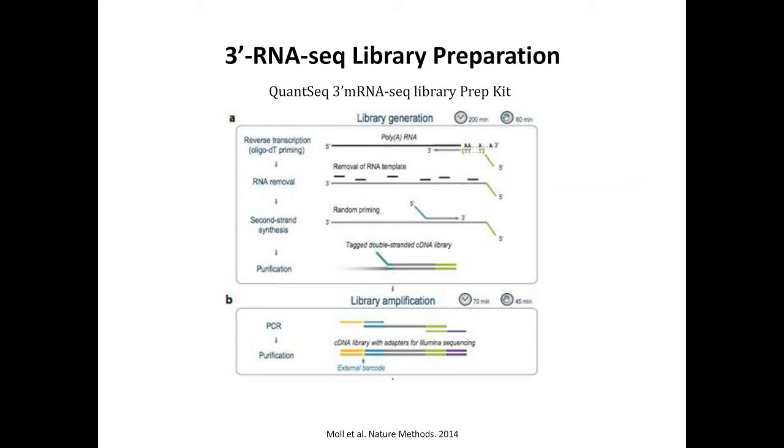So this is the protocol. You can find more detail about the protocols in Moll et al., published in Nature Methods. So I won't go through the details of the protocol, but I would like to emphasize this part, the first step: the primers that are used to synthesize cDNA have a poly-T tail, which is complementary to the poly-A tail of the mRNA.